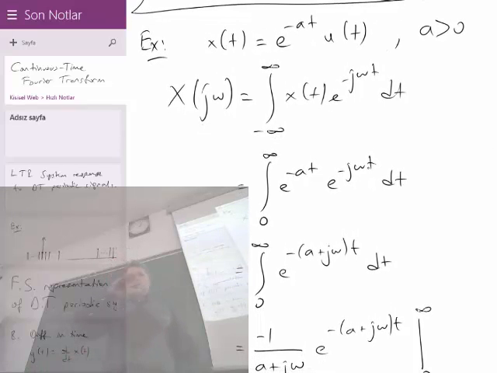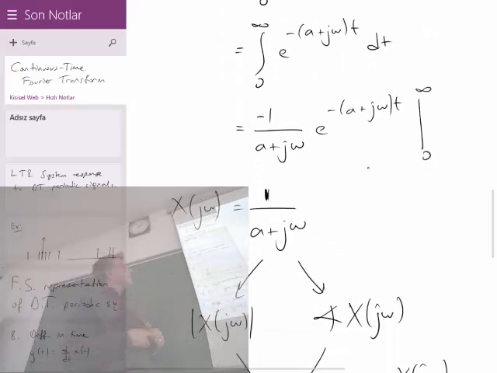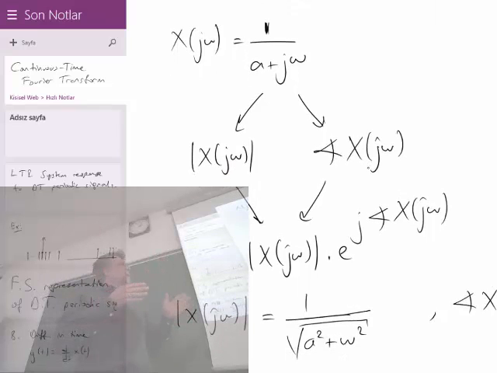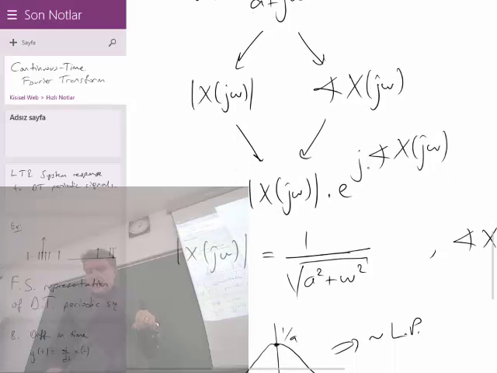That example starts at 0, jumps to 1, and then decays. So in general, it exhibits low-pass characteristics, and the Fourier transform was 1 over a plus j omega. The low-pass characteristics come from the magnitude of the Fourier transform. You have to first develop the absolute value, or the magnitude of X of j omega, which for this case is equal to 1 over square root of a square plus omega square.